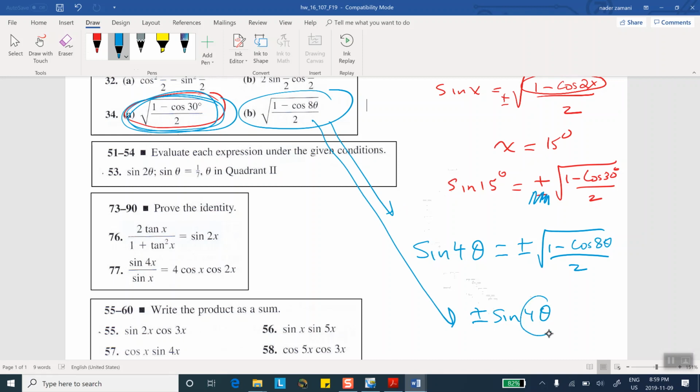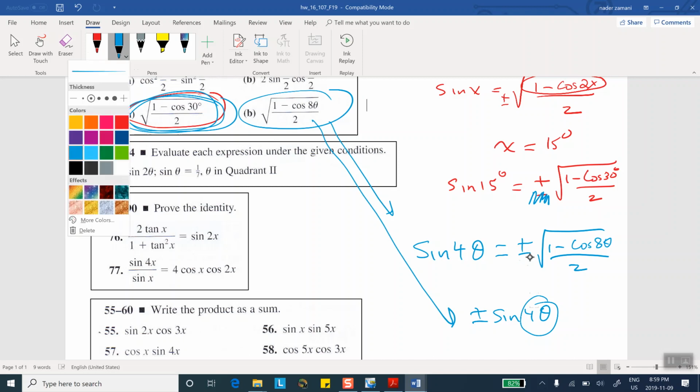If 4 theta is in the first quadrant, for example... The only thing is that actually this is correct. However, maybe I should rephrase what I said here.